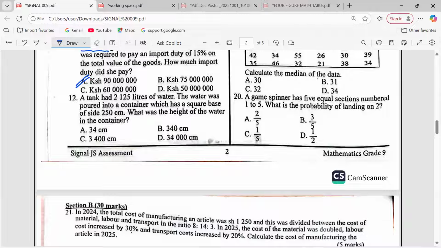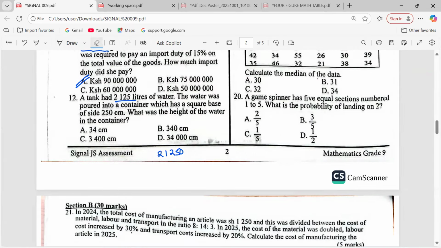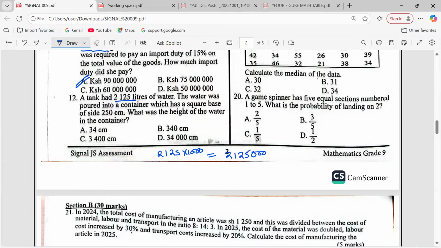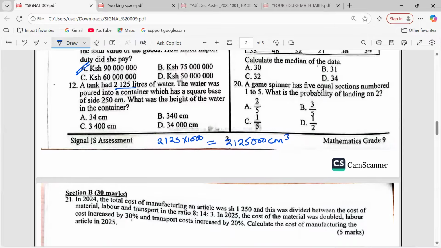So now the tank already has these liters, and this water is going to be poured into another container. We can change the capacity of this water into volume, whereby 25 can be multiplied by 1,000 to become 25,000 cubic centimeters. This is now the volume being transferred into a square-based container.